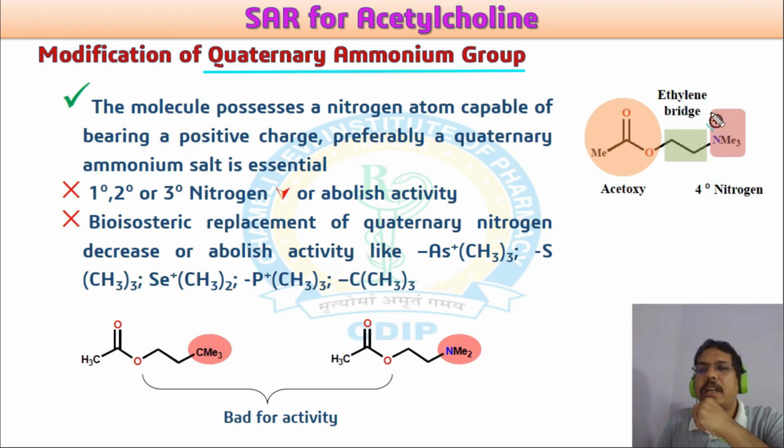Generally, the key aspect when we go for development of a newer molecule is that we try to change the group or moiety by means of isosteric replacement, or in case of these quaternary amines, you can change the degree.